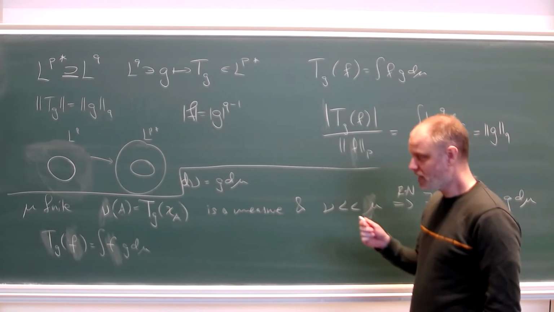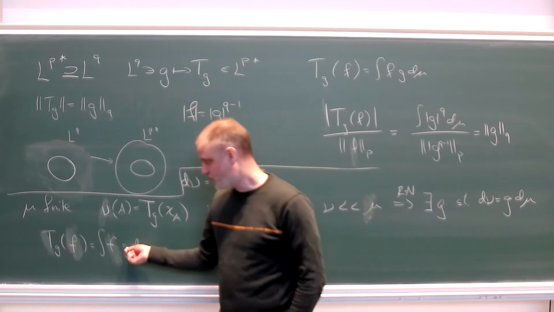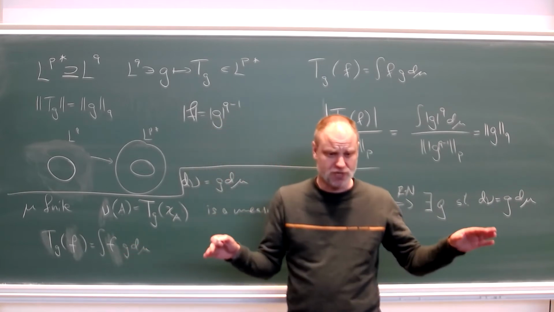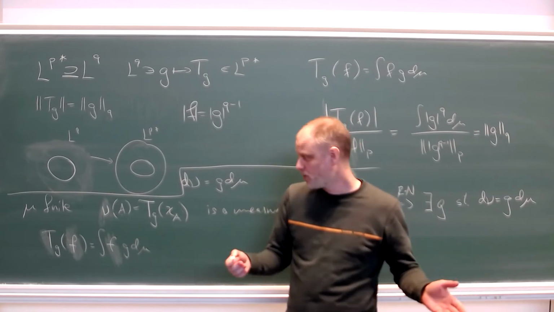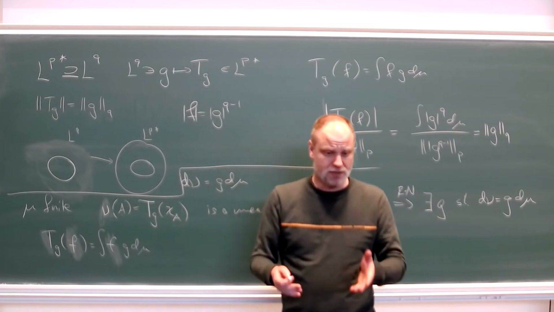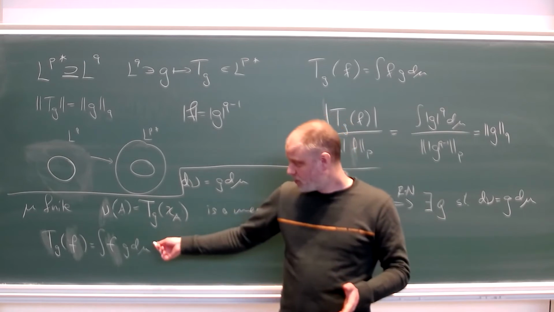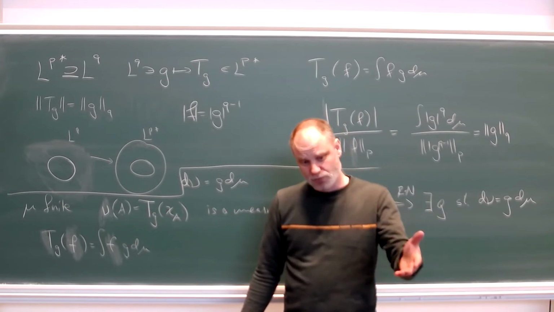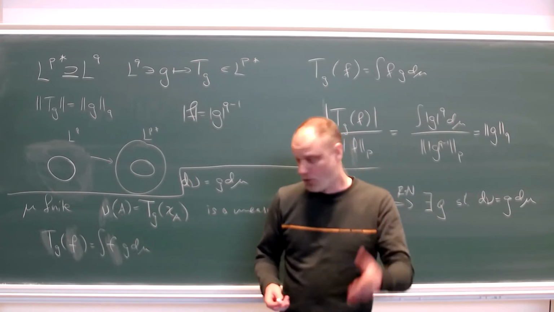Now, armed with this, we get a function g, so we can check where it's big. All bounded functions are in LQ if you have a finite measure, so we have to avoid the set where g is big, okay? But g now exists, so it tells us the places we have to avoid.